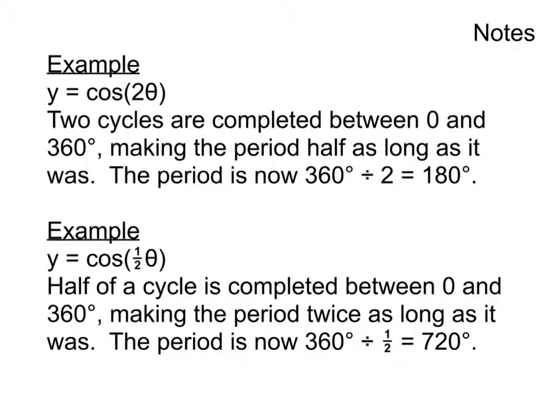Because you can see, like if I take my normal cosine graph and I put the 2 inside, what that's going to do is it's going to mean that I'm instead going to be doing my cosine graph squished in. And so it ends up being a horizontal stretch or compression. And interestingly enough, and this is something we will delve into a little bit more later, you'll notice that when I multiply by 2, it actually compresses it.